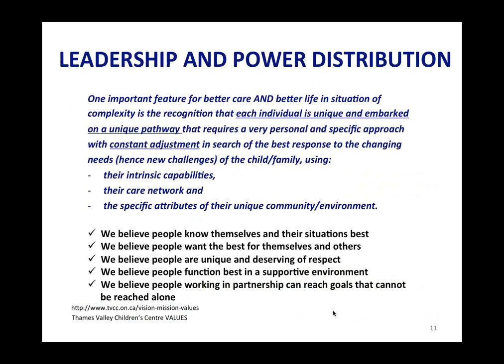We believe people function best in a supportive environment. We believe people working in partnership can reach goals that cannot be reached alone. And that's what supports this approach, knowing that few of these lines are directly related to coaching.